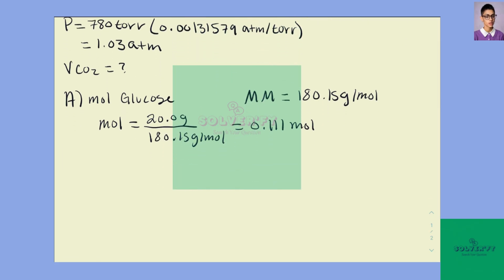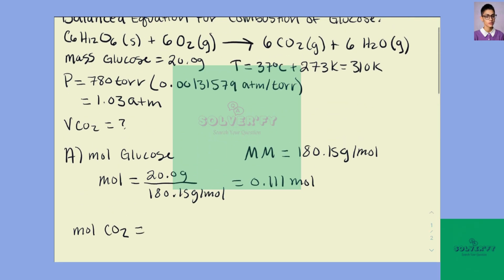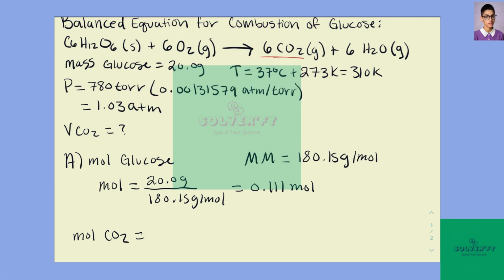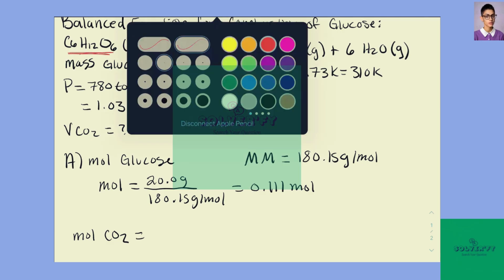Alright, so now that we have our moles of glucose, we can get our moles of CO2. If we go up here to our balanced equation, we can see that we have 6 moles of CO2 for every 1 mole of glucose.